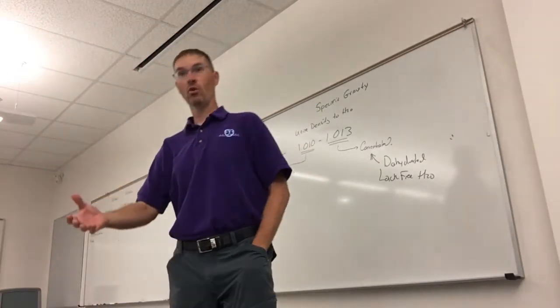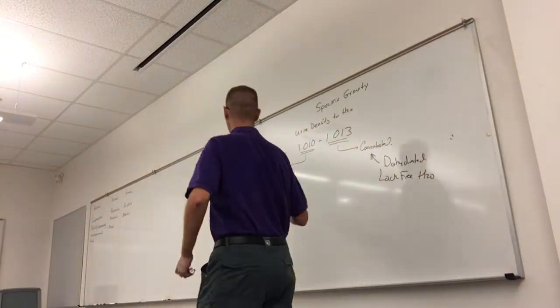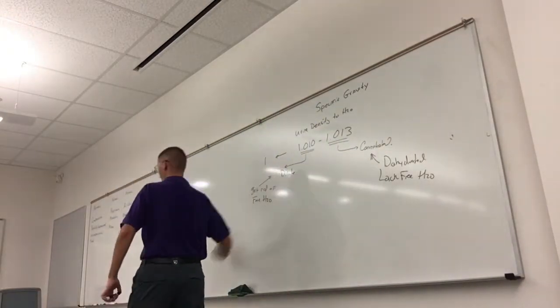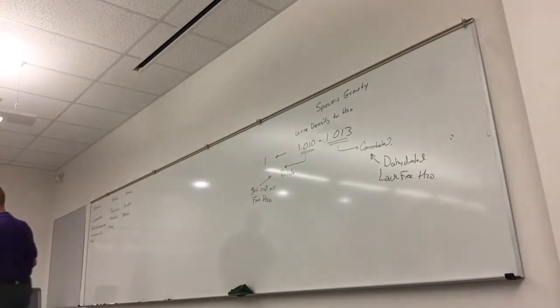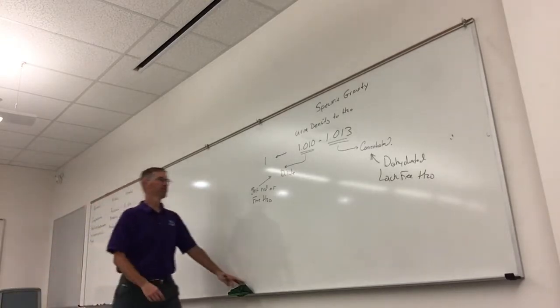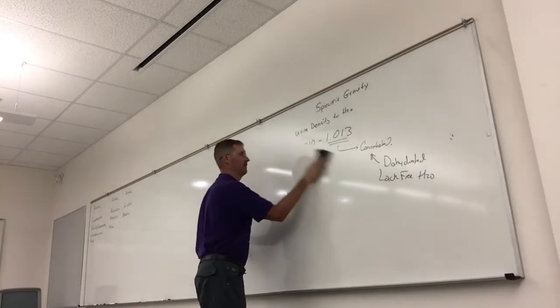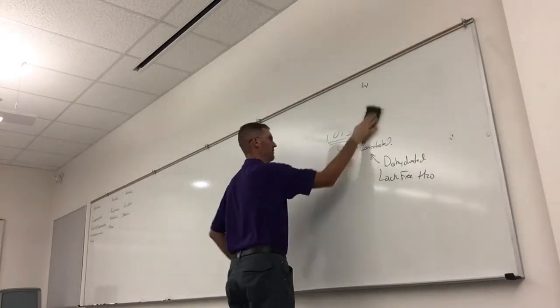Her volume's normal, right? She's got good volume, but the sodium that she has is being diluted due to all the free water, the excess of free water. Okay, so that's the concept of specific gravity, specifically urine-specific gravity.